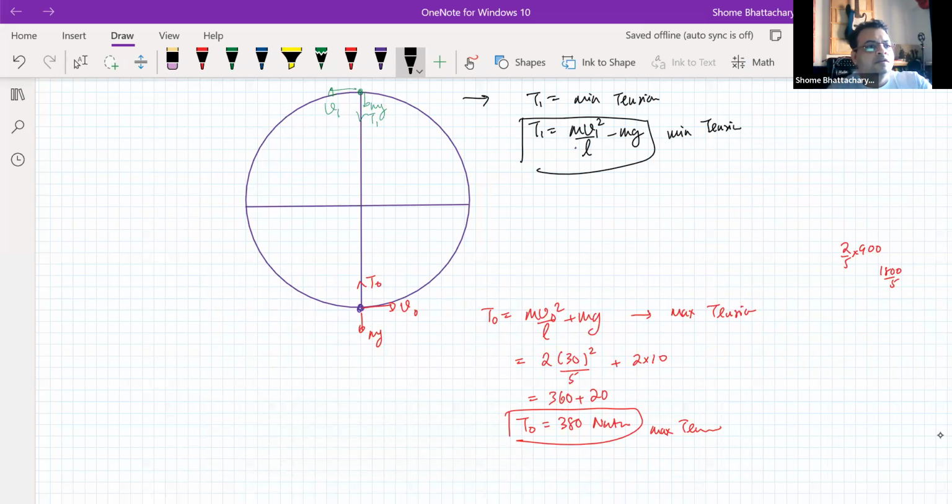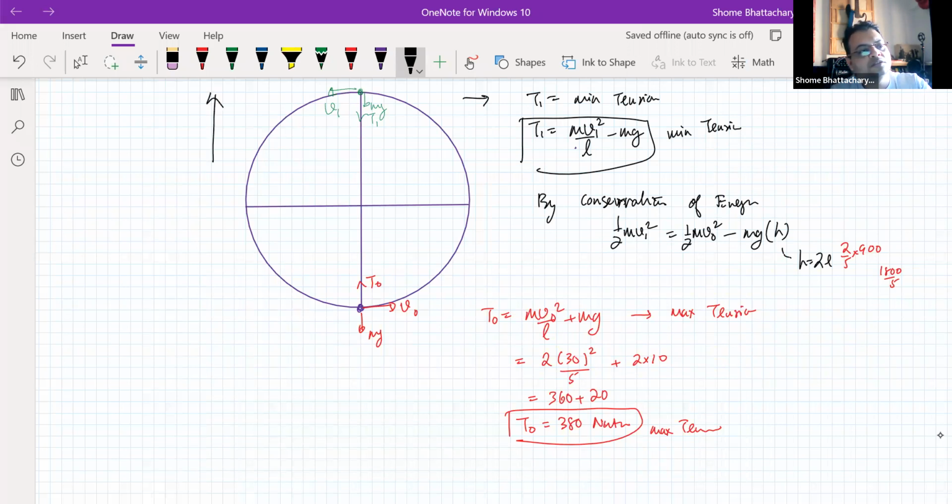Now we can relate V1 and V naught by work energy, by conservation of mechanical energy. We have half mv1 square is the initial kinetic energy minus the gain in potential energy, where this h will be equal to 2L in this case, because it's climbing from here to here.